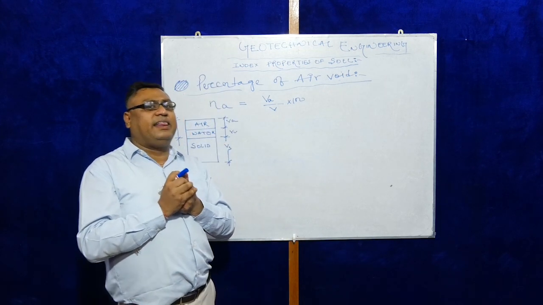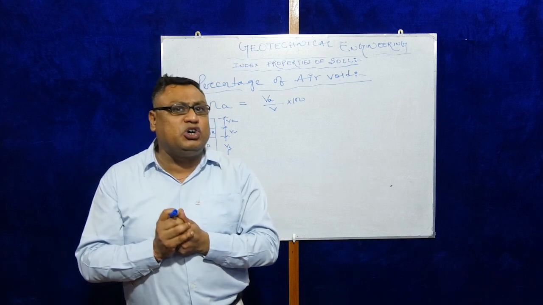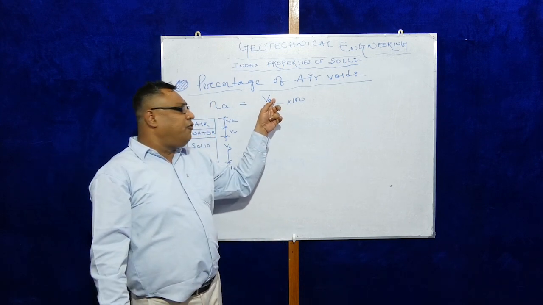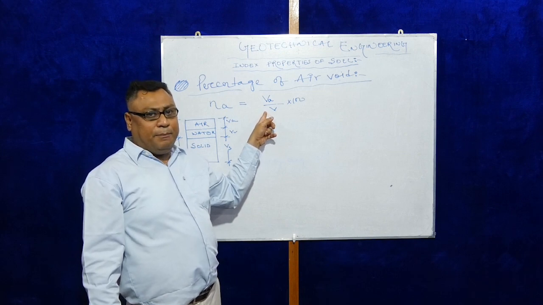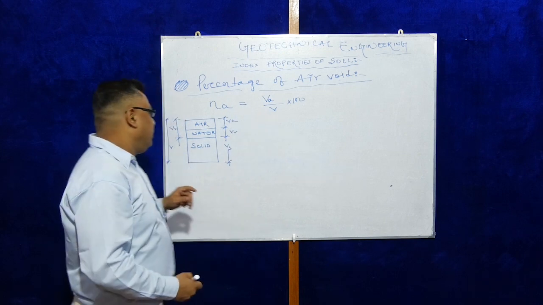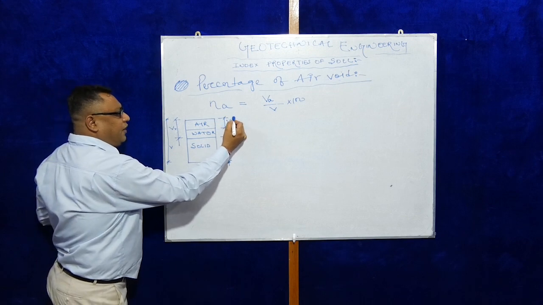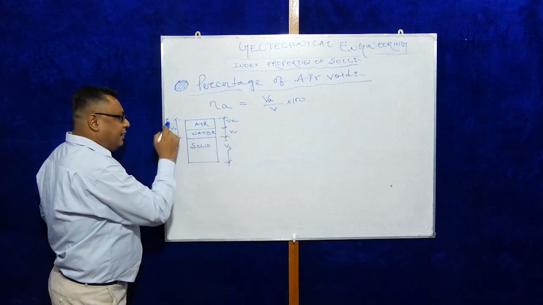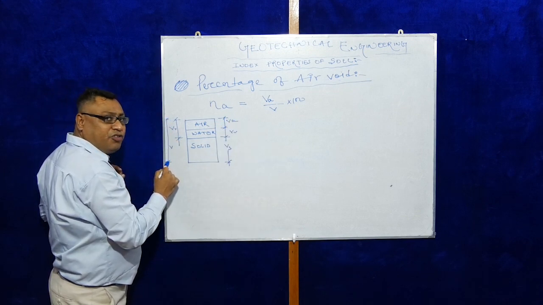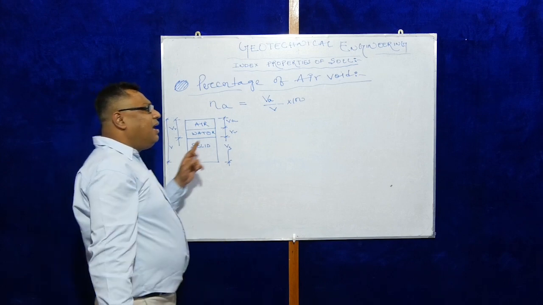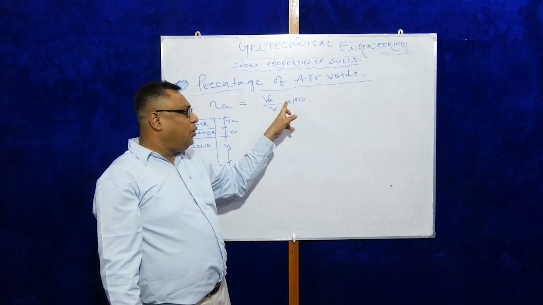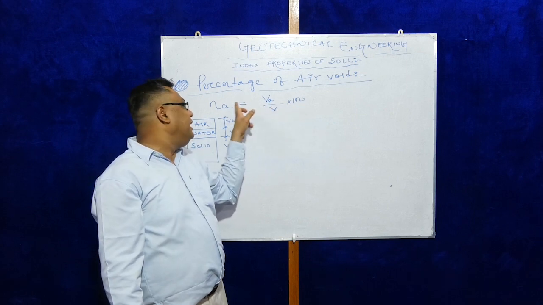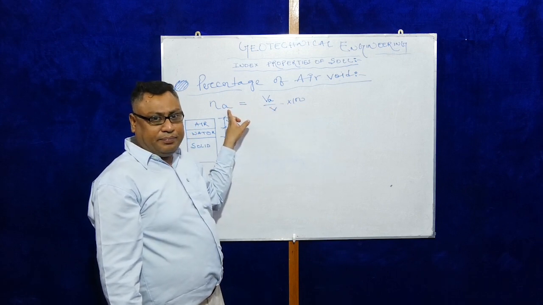Percentage of air voids is defined as the ratio of volume of air to the total volume of soil sample. Here the volume of air is this, and this is the total volume of soil sample. It is always expressed as percentage and denoted by na.